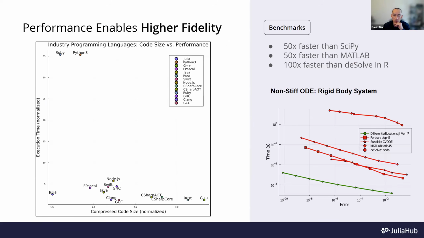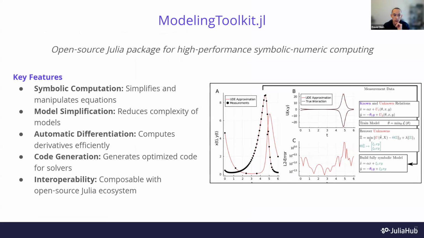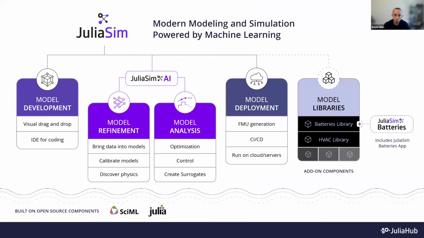We talked about the various benchmarks which support our statements regarding the performance of Julia. We covered ModelingToolkit because that's what we use both in part 1 and part 2 today. And we talked about how JuliaSim builds on ModelingToolkit.jl and enables modeling and simulation for various enterprises.